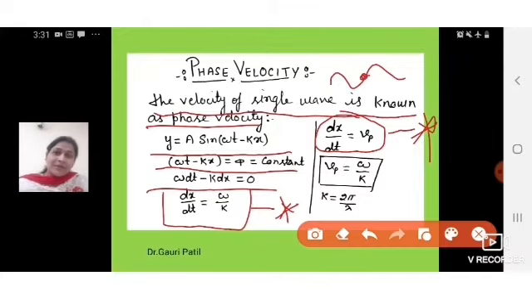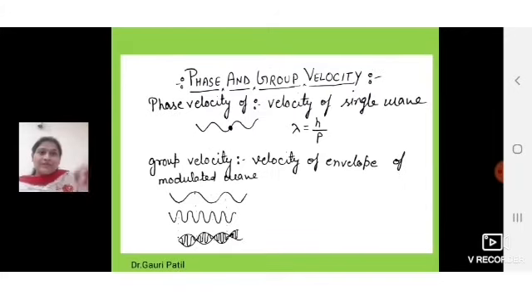Vp = ω/k, where k = 2π/λ. k is the wave number and ω is the angular frequency. So dear students, this is all the information about the phase velocity, and always remember that phase velocity is the velocity of a single wave.